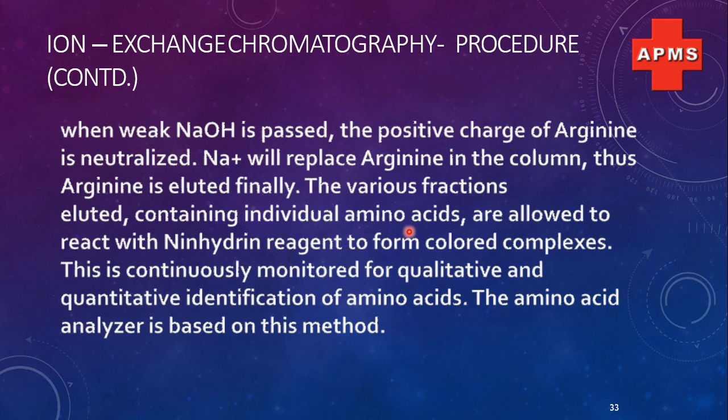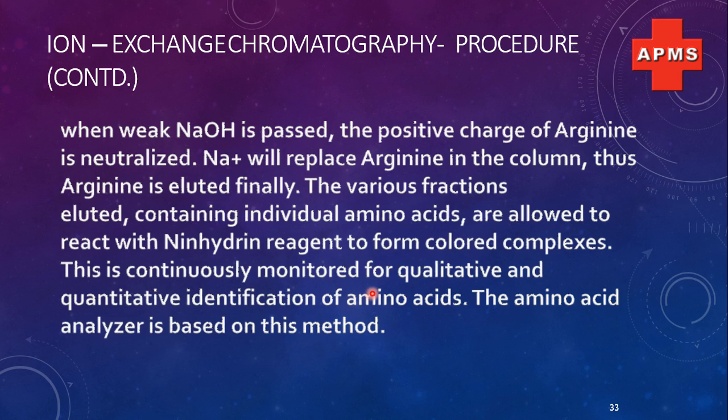One by one these amino acids pass through the column and are eluted, then reacted with ninhydrin reagent and we see the colored complex, and by this specific color we can identify qualitatively what amino acid is eluted.